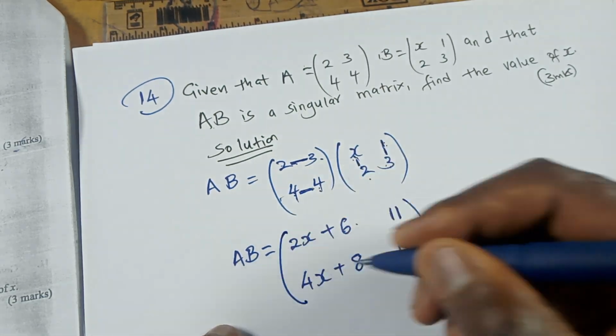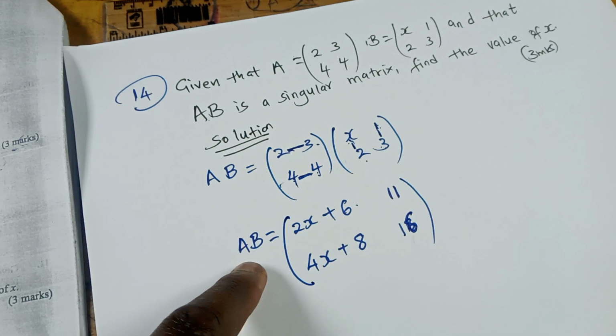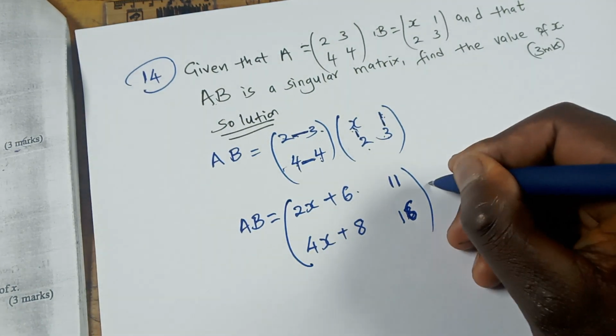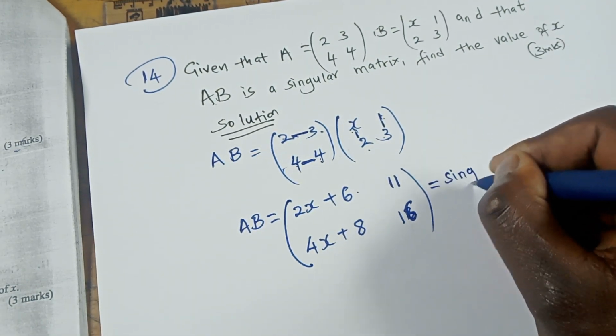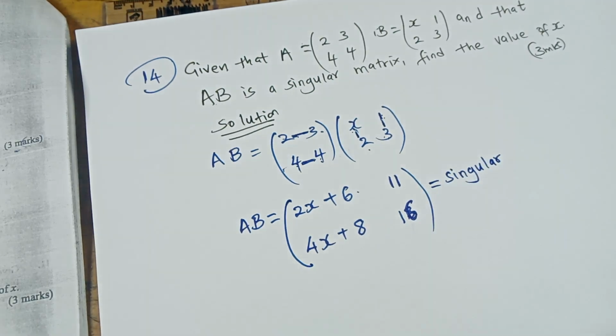And having that matrix, we are being told it is singular. What does it mean to have a singular matrix? A singular matrix is a matrix whose determinant is 0.